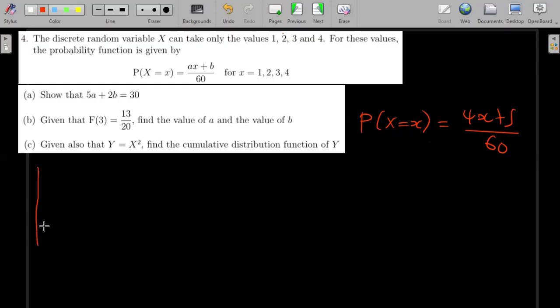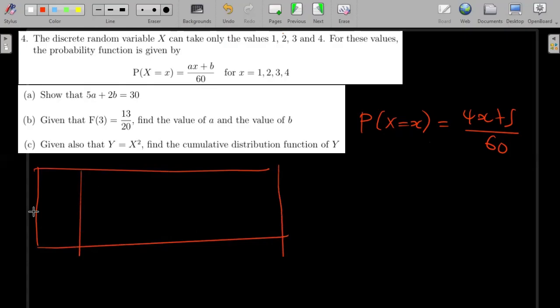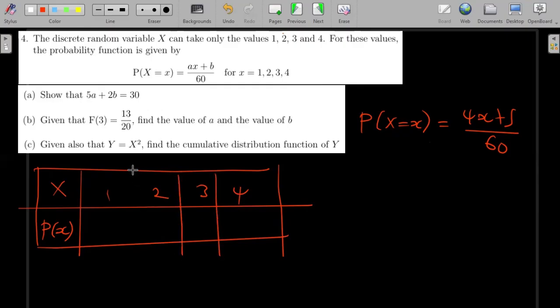So I'm going to draw up a table here. Okay, so this is my x, and then this is my p of x. So we have 1, 2, 3, and then the 4. So from here now I can find the probabilities. If my x is 1, it's just going to be 9 over 60.